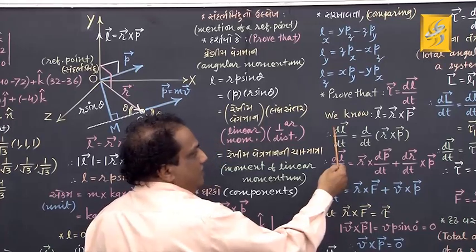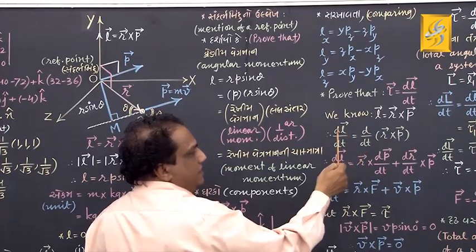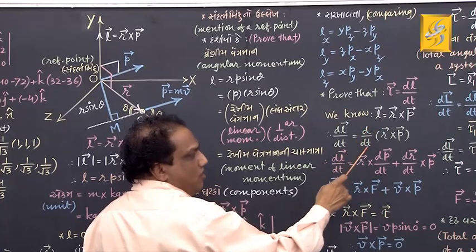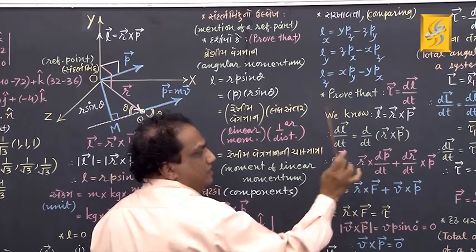When you take d by dt here, it is vector dL by dt. And on the other side, it is d by dt of vector r cross vector p.